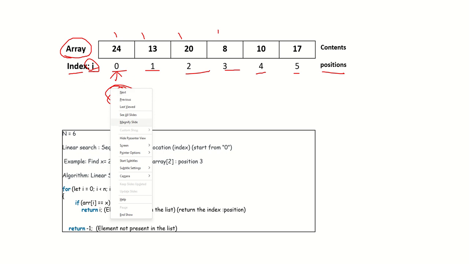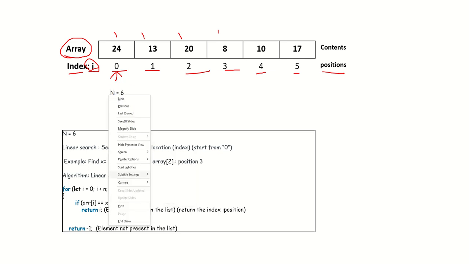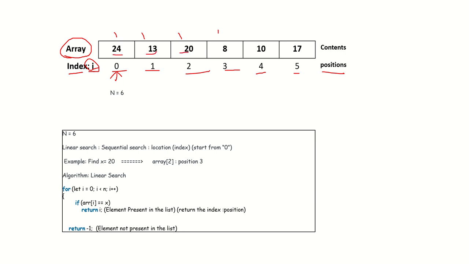In this case, for example, we have 6 elements, 24 till 17. And these are the components of the array itself, but this is the position of the index i.